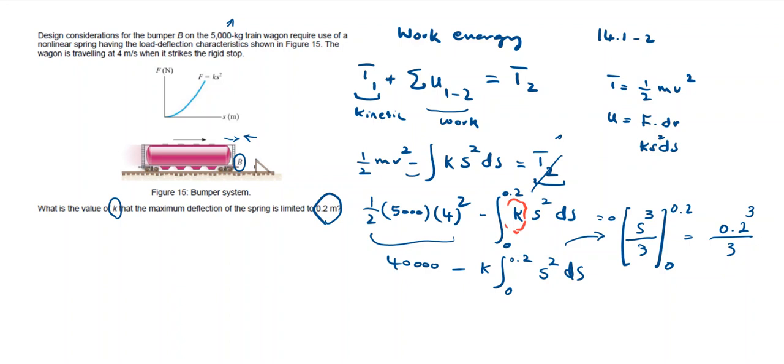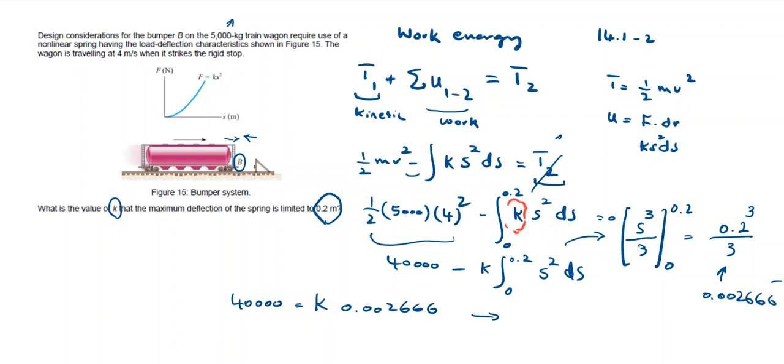So from here, this value is 0.002666, repeating. And to get the value for k, I write 40,000 is equal to k times that 0.002666.